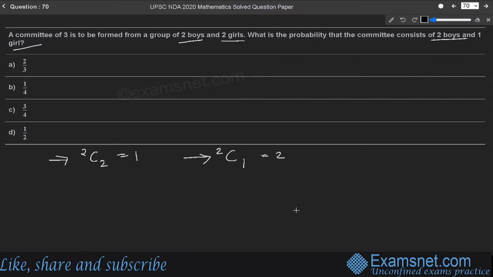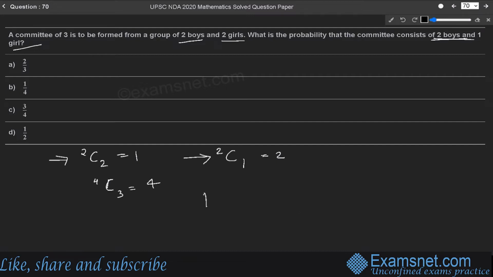Now total number of persons are 4. So number of ways of selecting 3 persons out of 4 persons. Why 3 persons? Because 2 boys and 1 girl will be 3 persons. So the number of ways of selecting 3 out of 4 will be 4C3, which is 4.